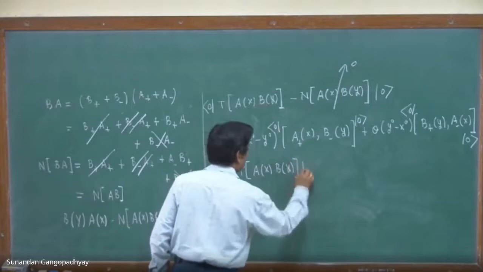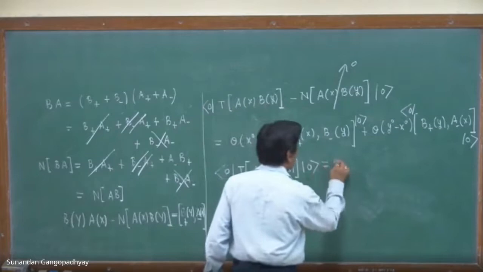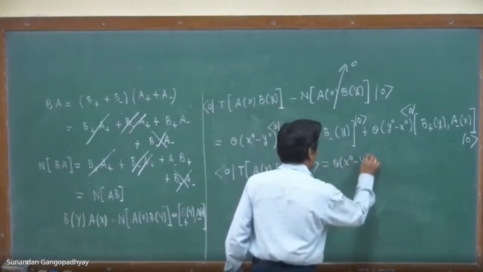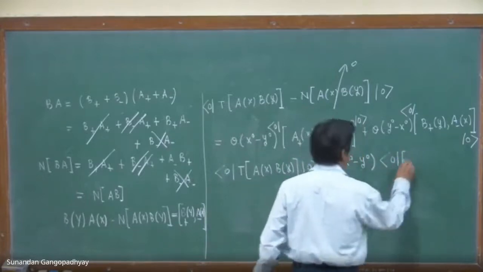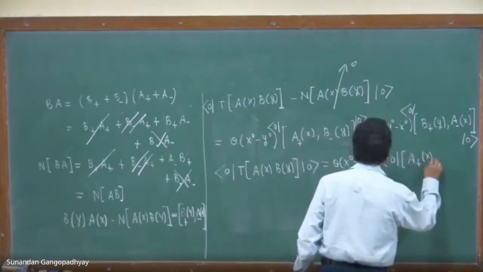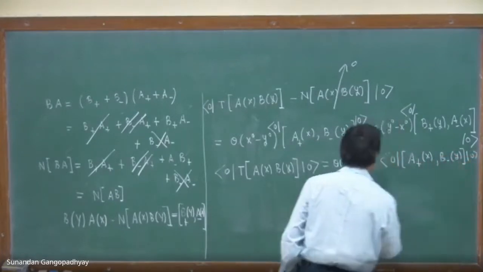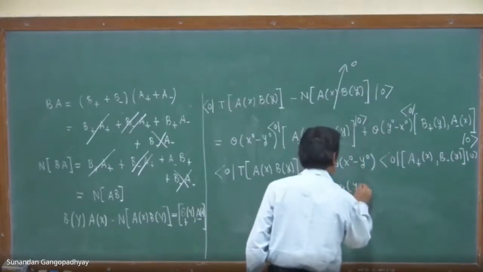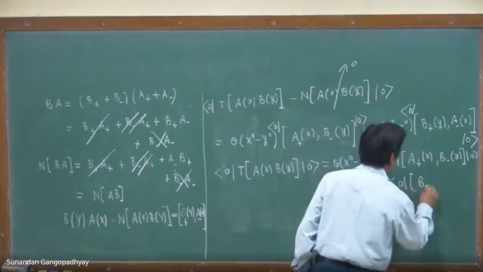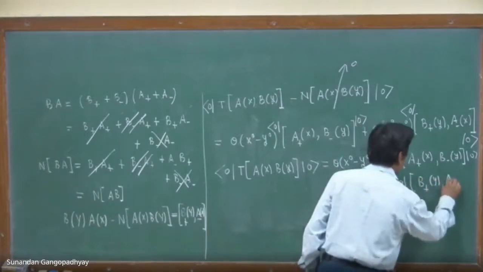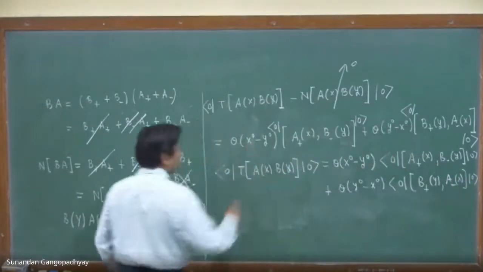This is basically theta x naught minus y naught, then you have the vacuum expectation value of the commutator a plus x b minus y, plus theta y naught minus x naught, the commutator of b plus y a minus x. So this is your final result. This is the general result that we have. Okay.